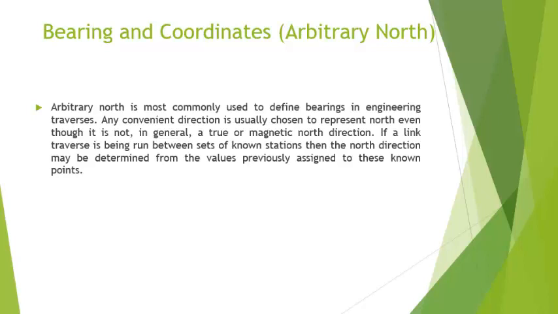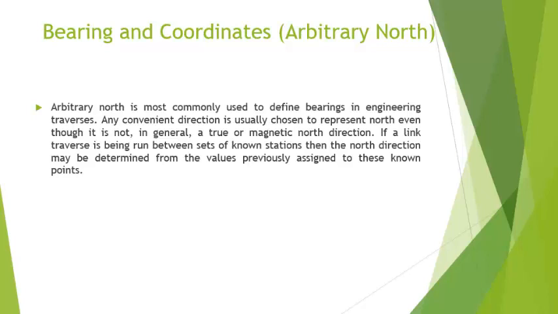This is because the azimuth of a line on the ground is its horizontal angle measured from the north direction, regardless of the type of north. It is measured in a clockwise direction, but what makes it differ from bearings? This is a good question.